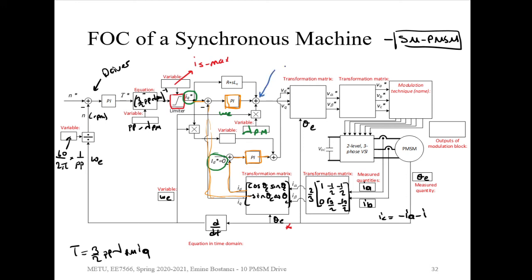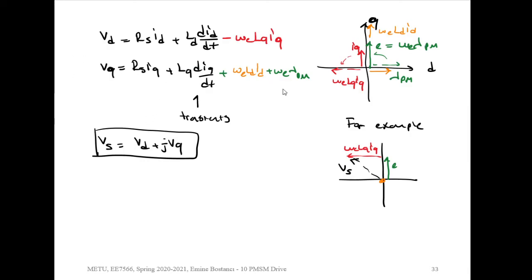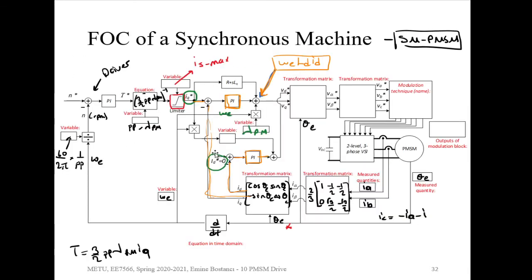We also need to add the component which is the orange component, so let me do it with orange: the omega E LD ID term can also be added. So here this represents the EQ equations. But in this example, ID was taken as 0 and ignored, since ID was equal to 0. That's why it doesn't include it. Otherwise, we could include that here too.